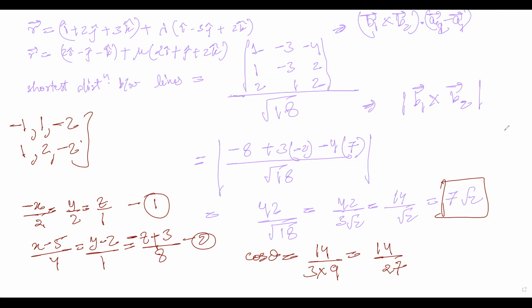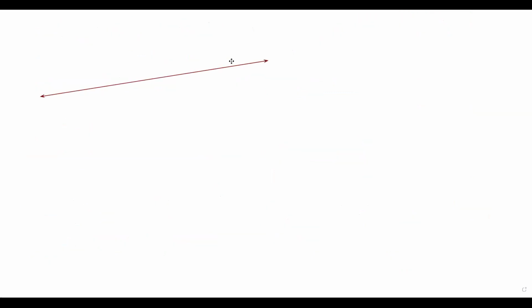So let's say we have this line as L1, another line as L2. They are intersecting. And this is, let's say, the DR is v2, direction ratio, right? And this DR is v1.